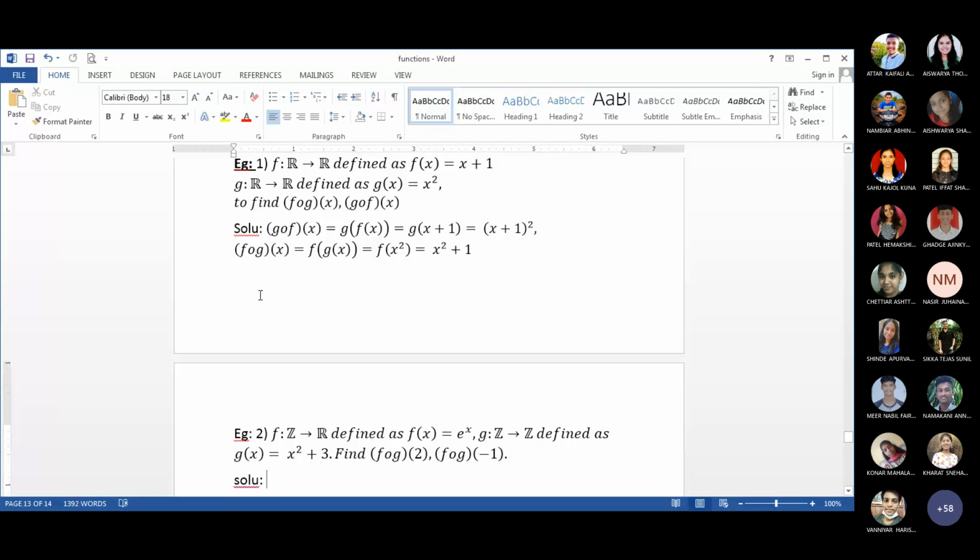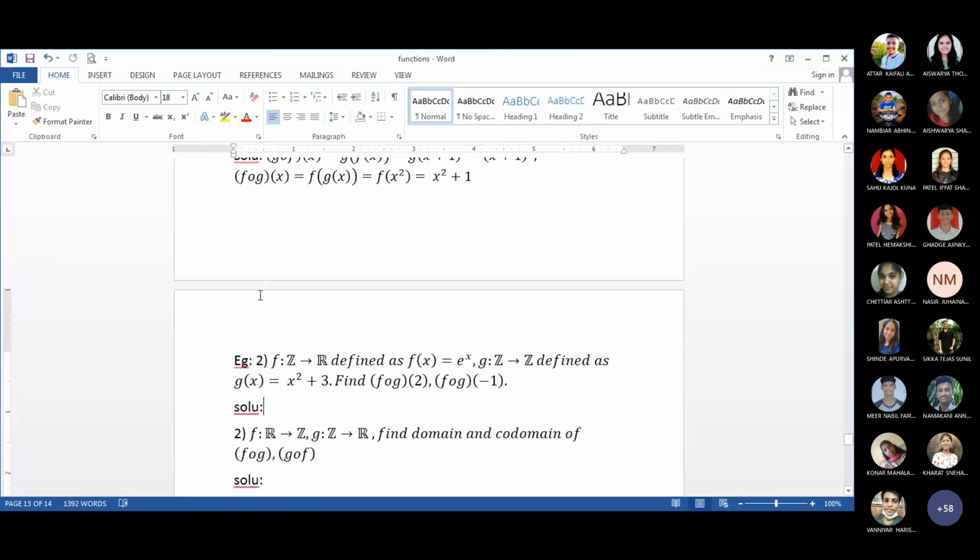तो सेकेंड केस में, सी फर्स्ट वाला जनरल था, अभी सेकेंड हम लोग स्पेसिफिक वैल्यूज के लिए फाइंड करेगा. F is a function from Z to R, which is given by F of X is e raised to X. G is a function from Z to Z, which is given by G of X is X square plus 3. तो यहाँ पे अपने को फाइंड क्या करना है?